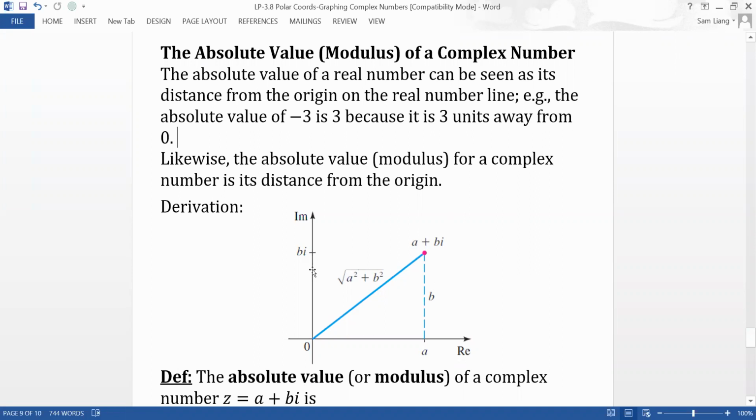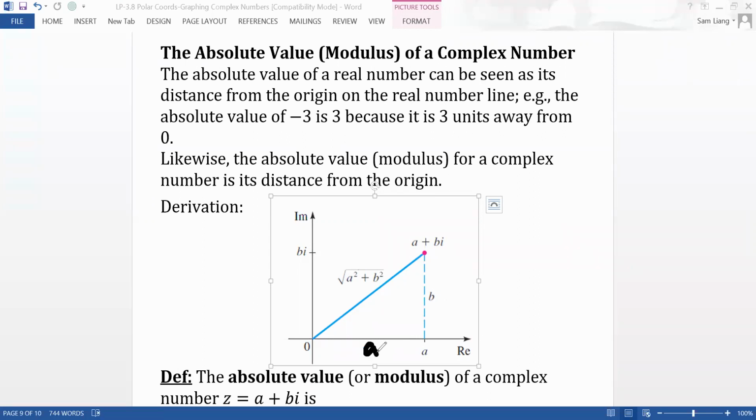And the way we're going to get that is, if we have a general complex number, a plus bi, you can create a right triangle using the two components. So, if you have b here and you have a here, right? So there's a right triangle, and you can use the Pythagorean theorem to solve for this length from 0 to the complex number.